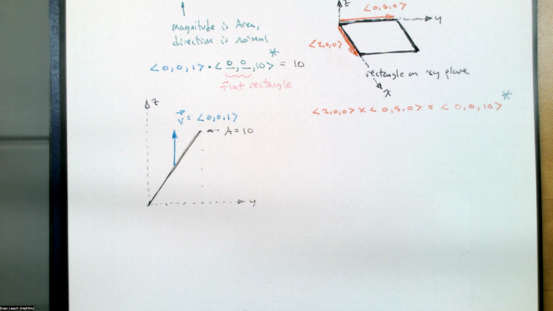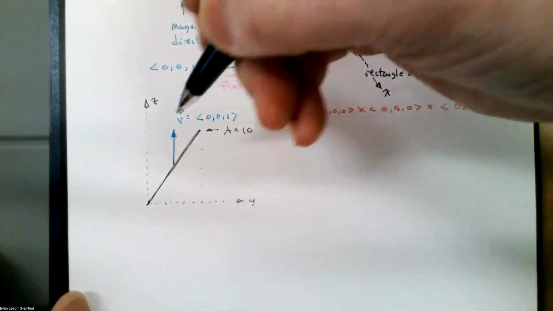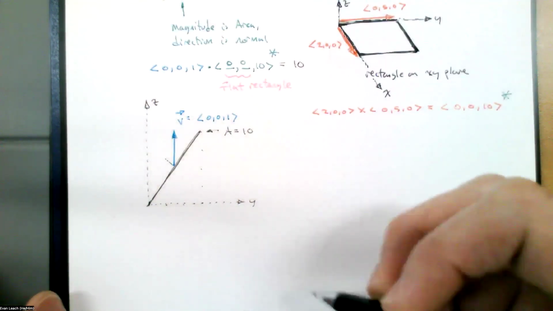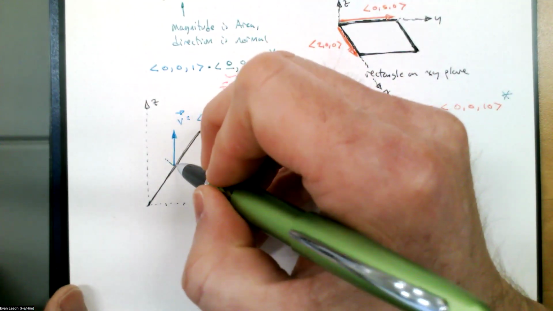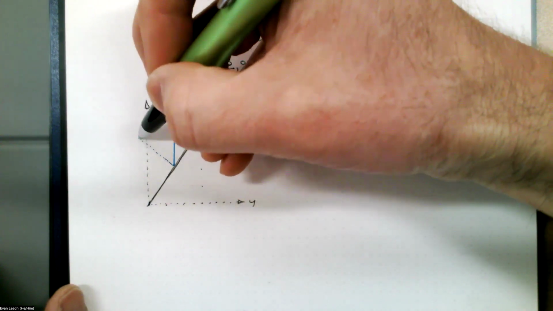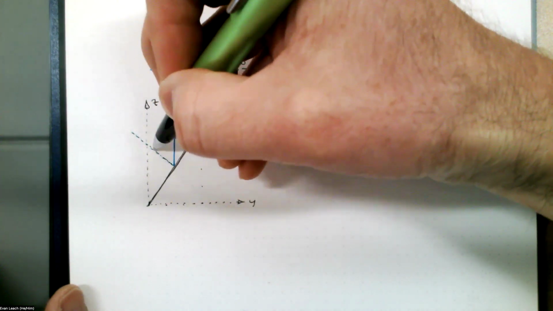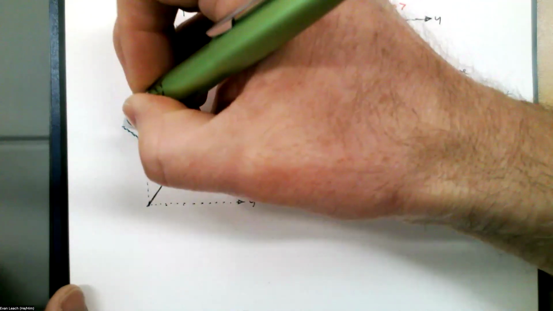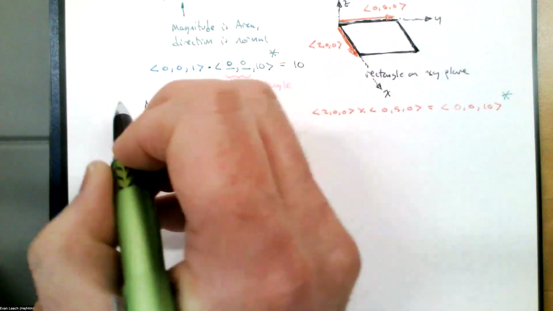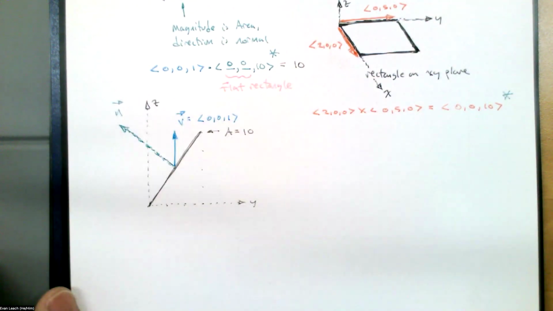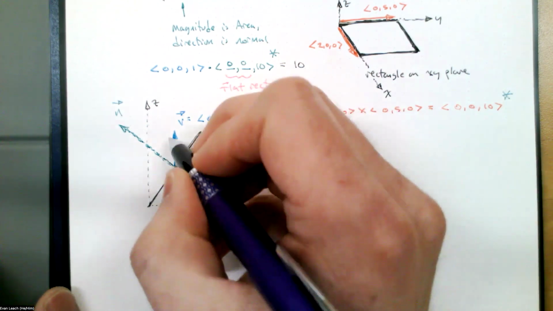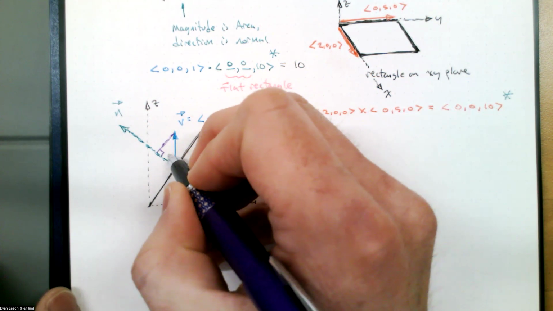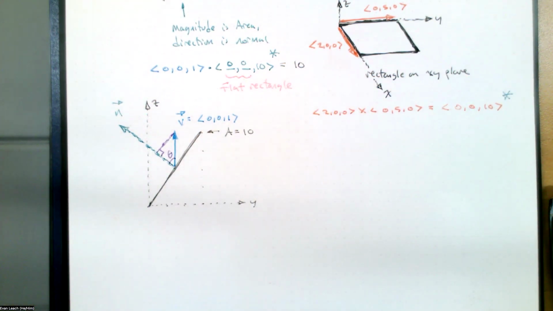What we care about now is how much of the velocity is perpendicular. We know it's going to be less.